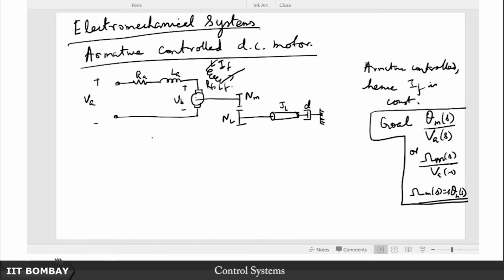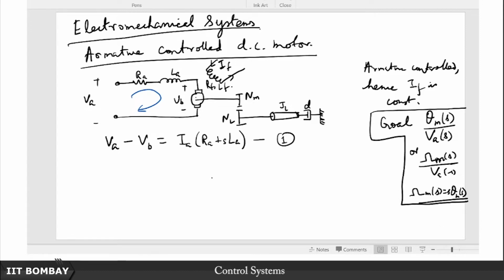The first thing is, of course, we can write the equation of this side using KVL. What is KVL? So KVL is going to tell me that it's VA minus VB is equal to IA times (RA plus S LA). Okay, this is going to be my first equation.